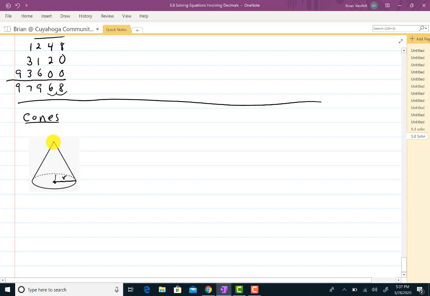Let's see if I can start at the very top and draw something that's reasonably straight downward. There we go. And then they usually put a little box down here to indicate that it's a right angle. And then the h is the height of the thing. So the only thing we're going to be doing with these is the volume. That's 1/3 pi r cubed.